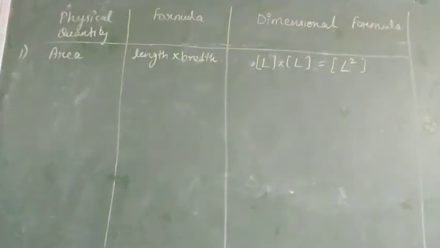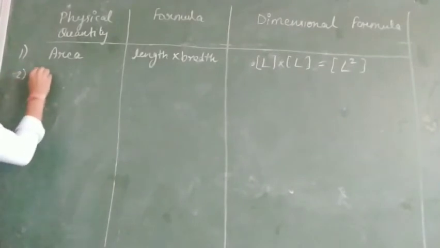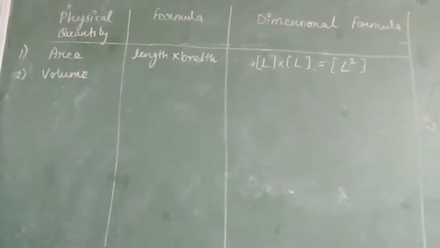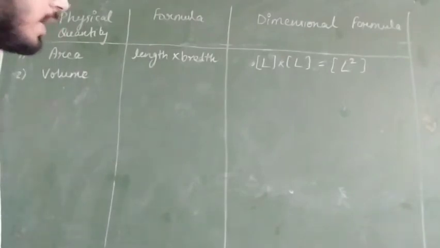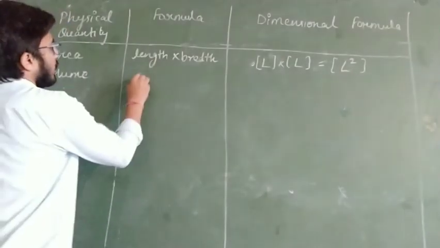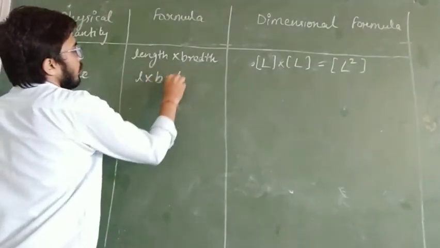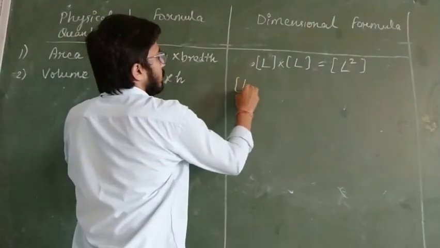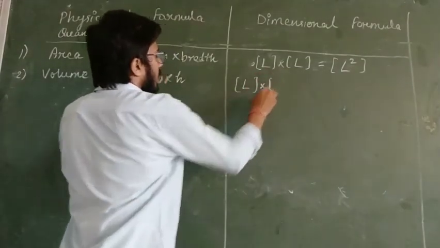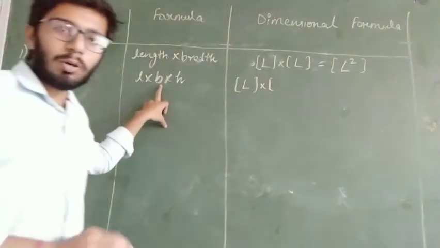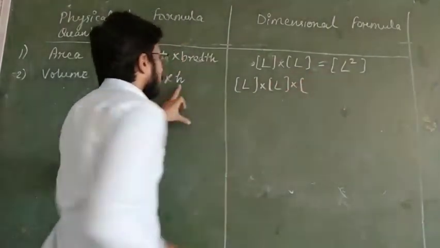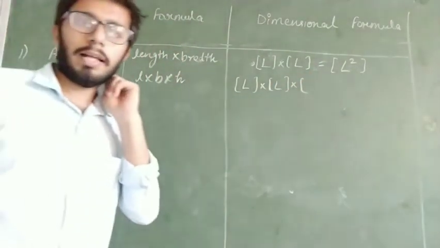Now, second is volume. What is the formula for volume? Length into breadth into height. For length, L. For breadth, it is also a length, so L. Height is also a length.